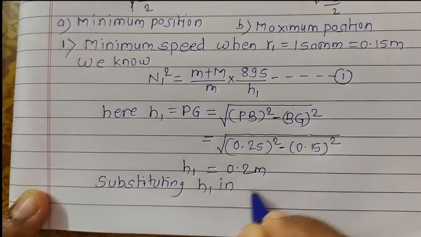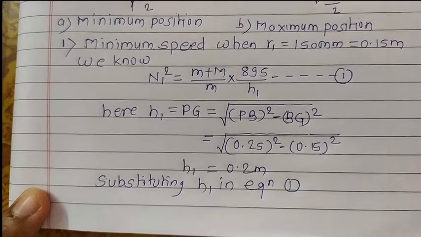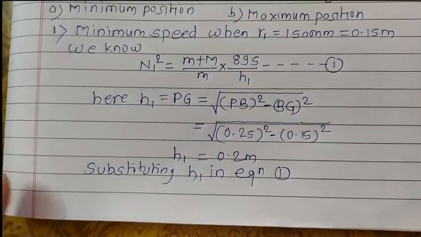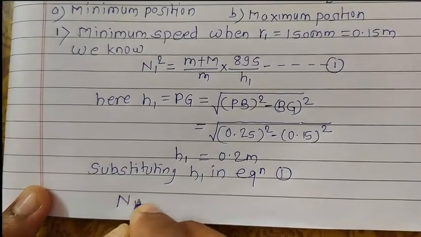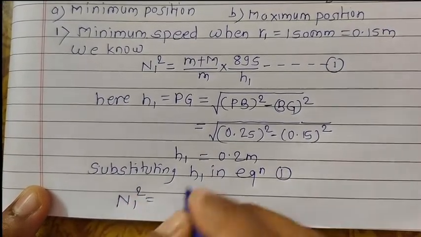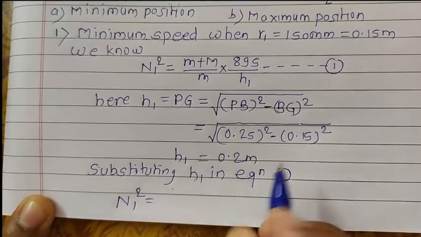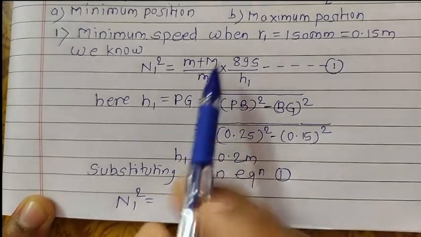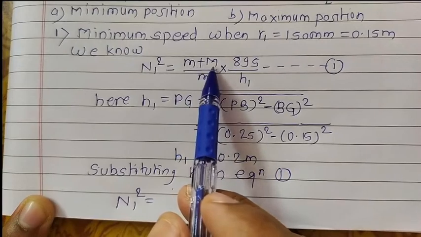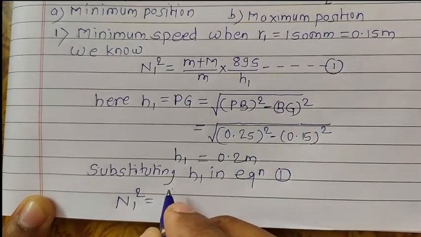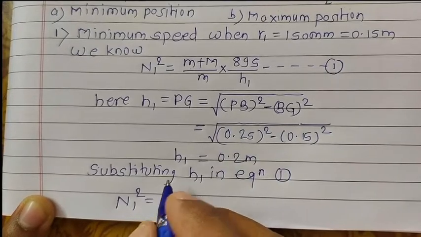So substitute the value of h1 in equation 1. Just simplify by substituting the values of m and capital M, and get the value of the speed of the governor.